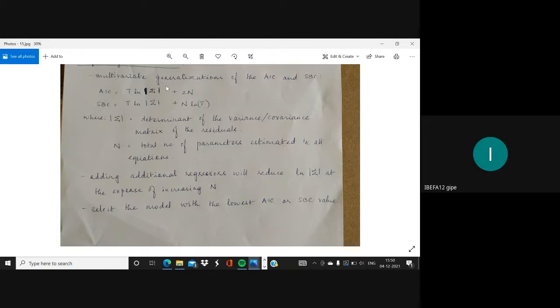Whichever gives you a lower AIC value will give you the best fitting model. So suppose 4 lags has a lower AIC value compared to 8 lags, then you will select 4 lags for your VAR model and go ahead with that estimation and the rest of generating IRFs, variance decomposition, and so on. So you'll use that model for your analysis.